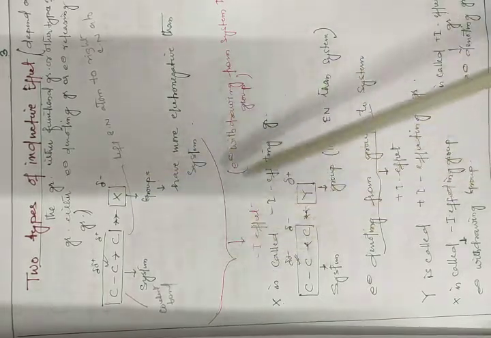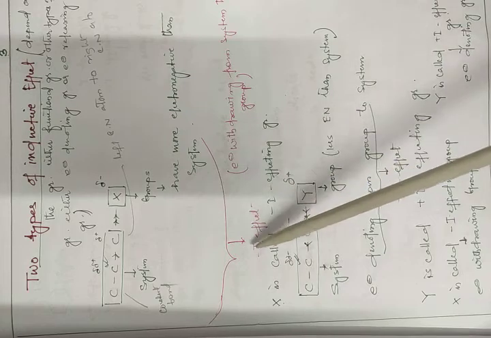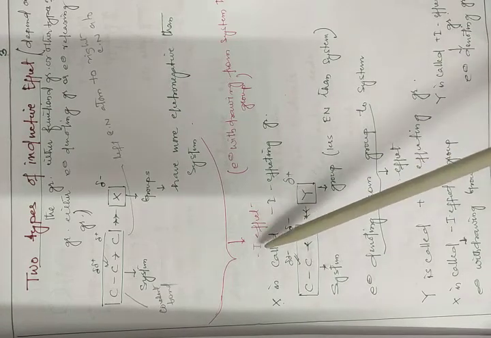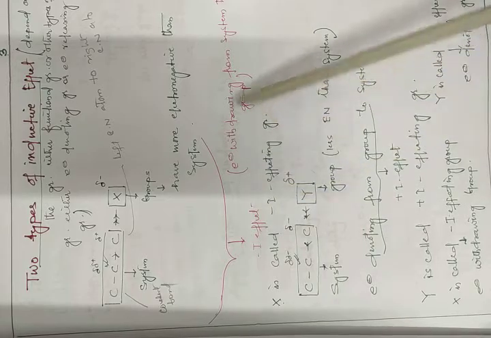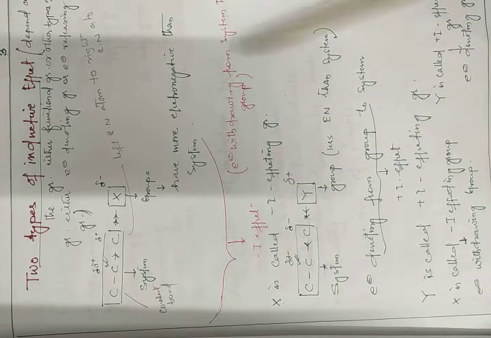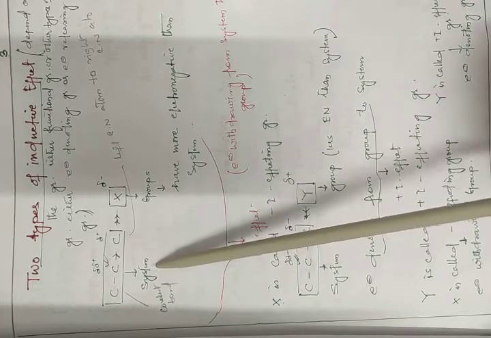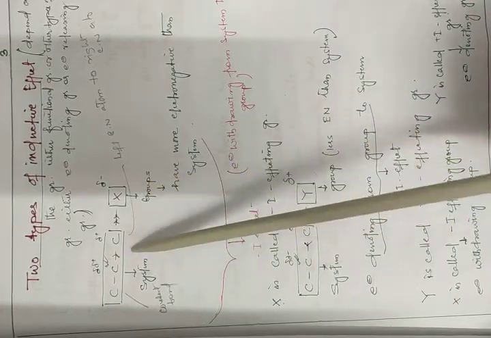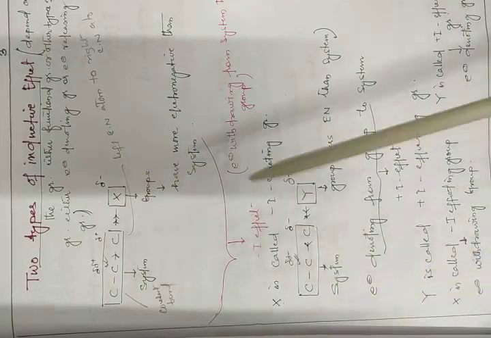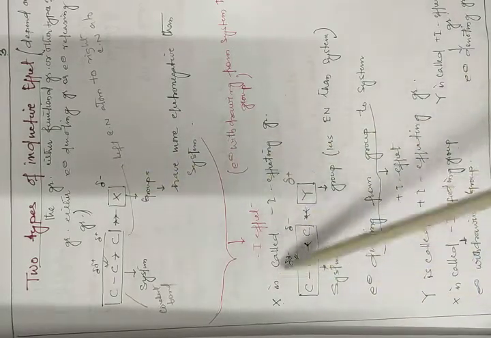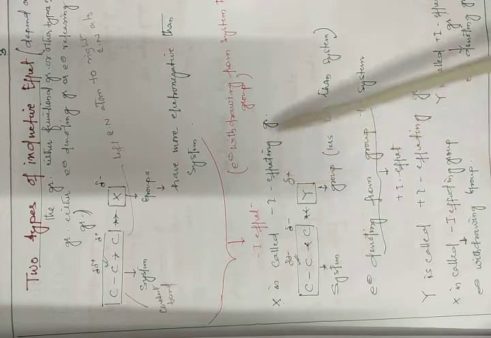So that means this is the minus I effect, that is, the negative I effect, which is electron withdrawing from the system to the group. Whatever electrons are there will be withdrawn to the group only. Now X is called the minus I effect group.